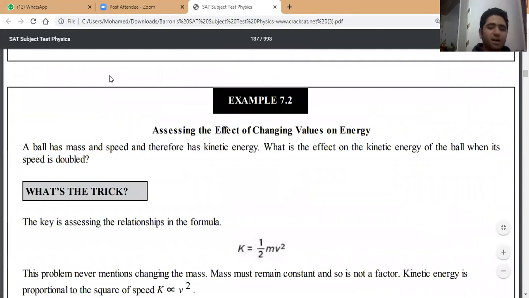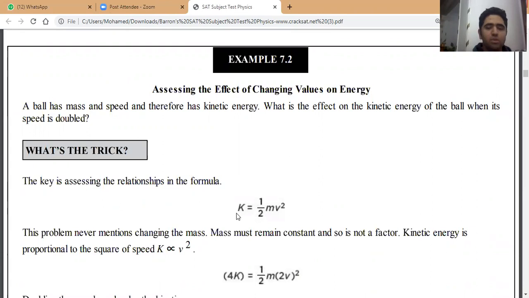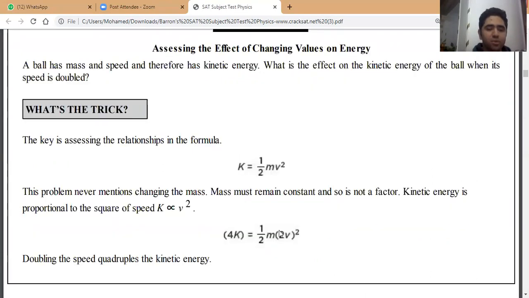Now we have another example. A ball has mass and speed and therefore has kinetic energy. What is the effect on the kinetic energy of the ball when the speed is doubled? This is the formula, K equals half mv squared. So instead of v, we're going to put 2v.